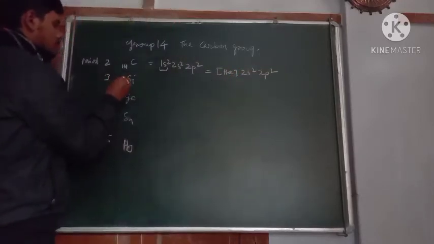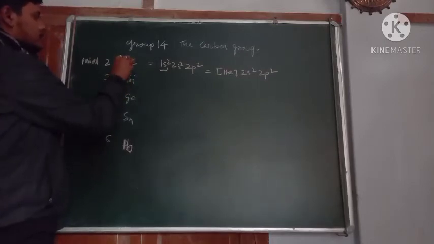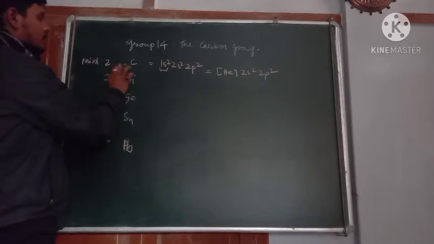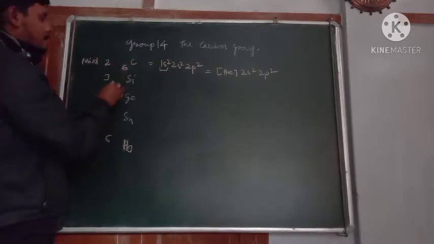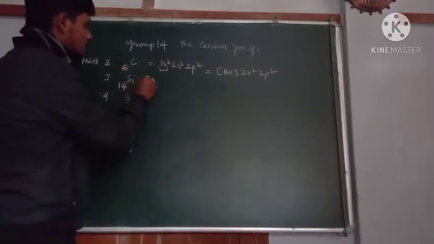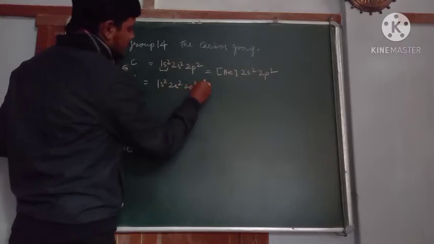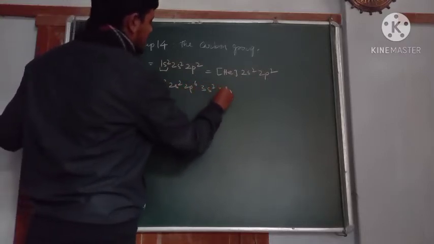Silicon, carbon has 6 and silicon has atomic number 14. It will be 1s2 2s2 2p6 3s2 3p2.